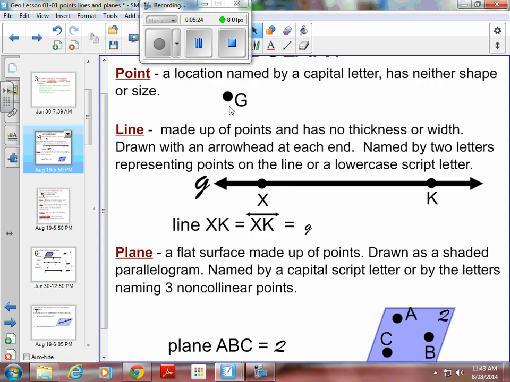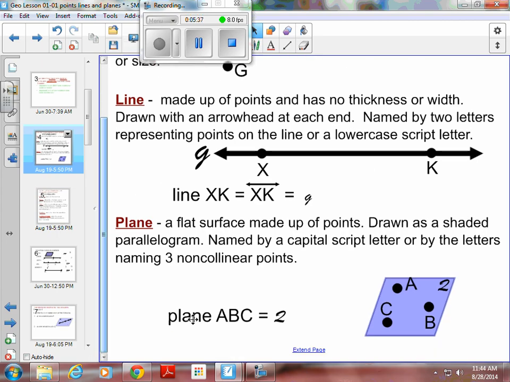Lines go on forever in one direction. You can use a lowercase script letter, or you can use two of the capital letters. Planes go on forever in two different directions, length and width. You can use three letters to name a plane, or you can use the one capital scripted letter.